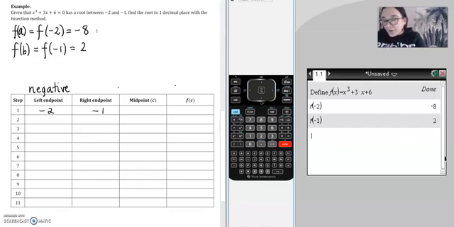Above the right endpoint, I'm going to write down positive. And of course, if you prefer, just a negative and a plus. So now I'm going to keep track of it this way, and I'm going to be filling in my table.